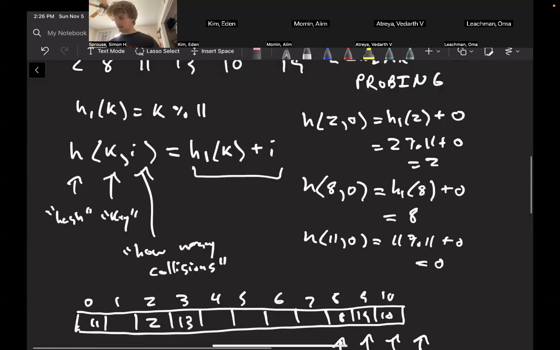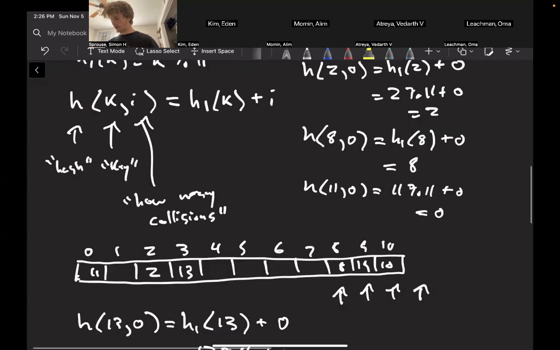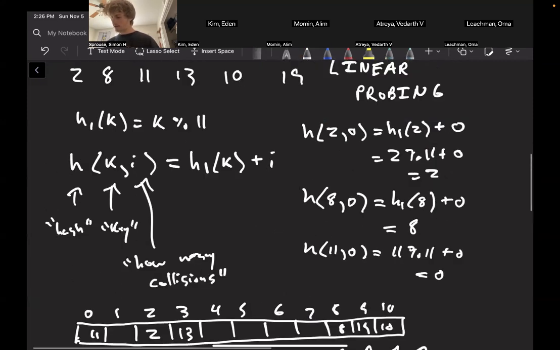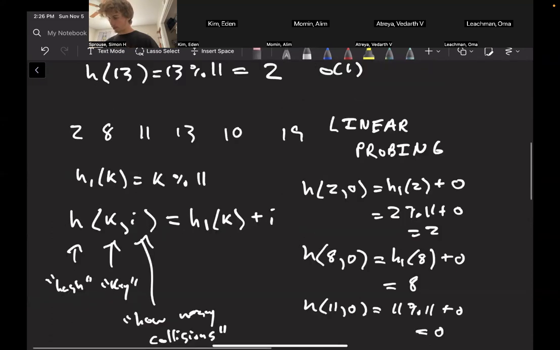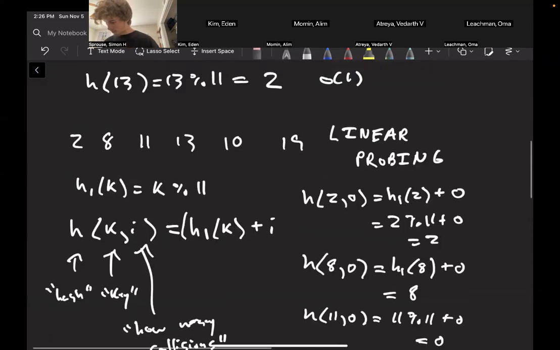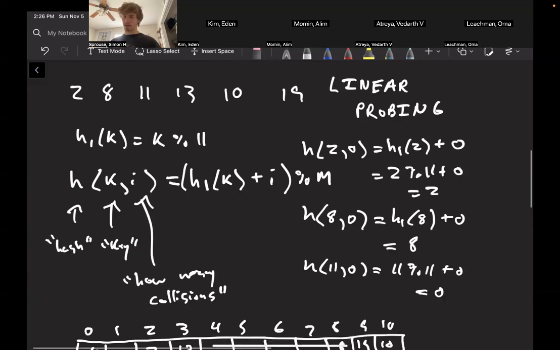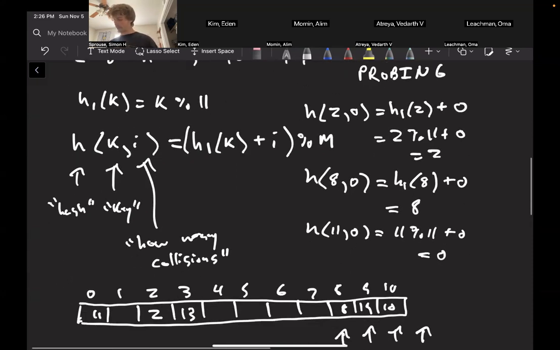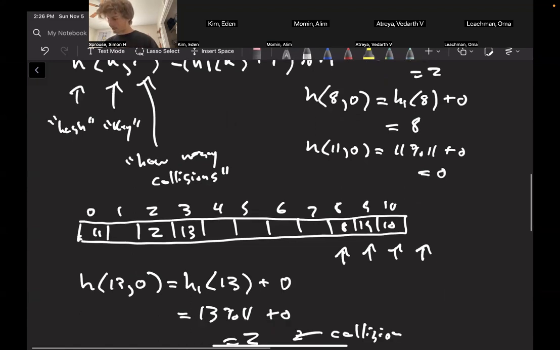This is technically wrong because it will go out of bounds. So really, our linear probing function should look like this to handle the wraparound just in case. I didn't want to bring that up at the beginning because that's kind of an edge case and potentially confusing, but that's one possible issue that I can see.